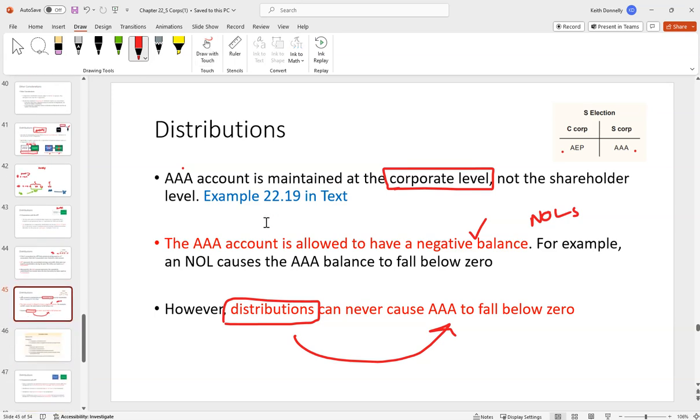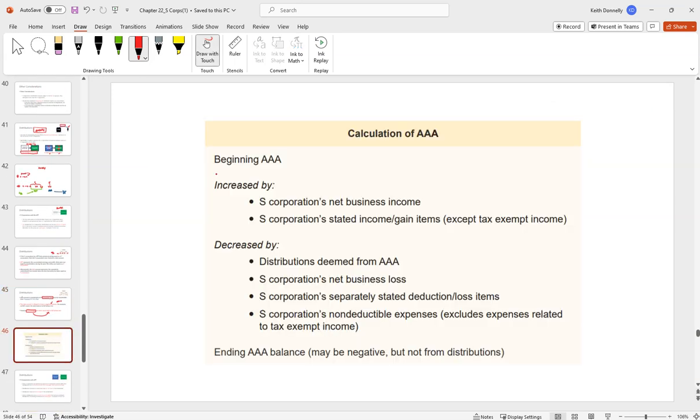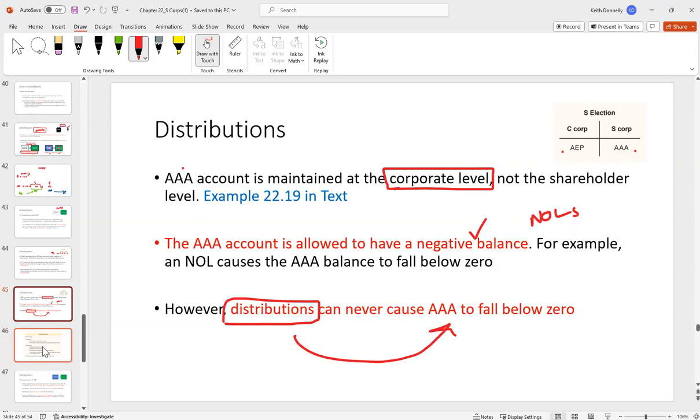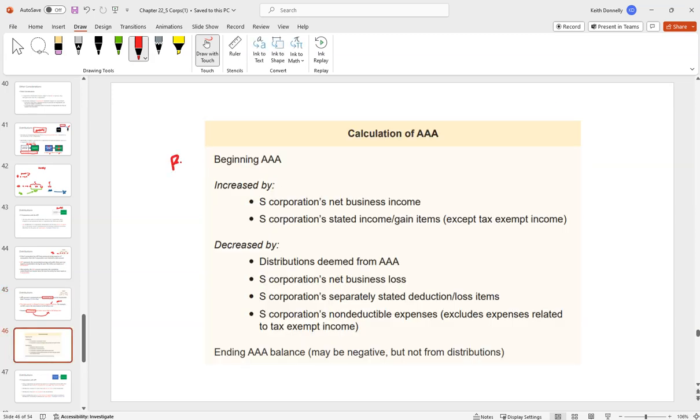What does this mean? Well, first off, let's take a quick look at this AAA account, then we'll look at the 2219. It's going to be your beginning plus your additions minus your subtractions, which gets you your ending. You can think of AAA, and it's not exactly, but it's like tax retained earnings.